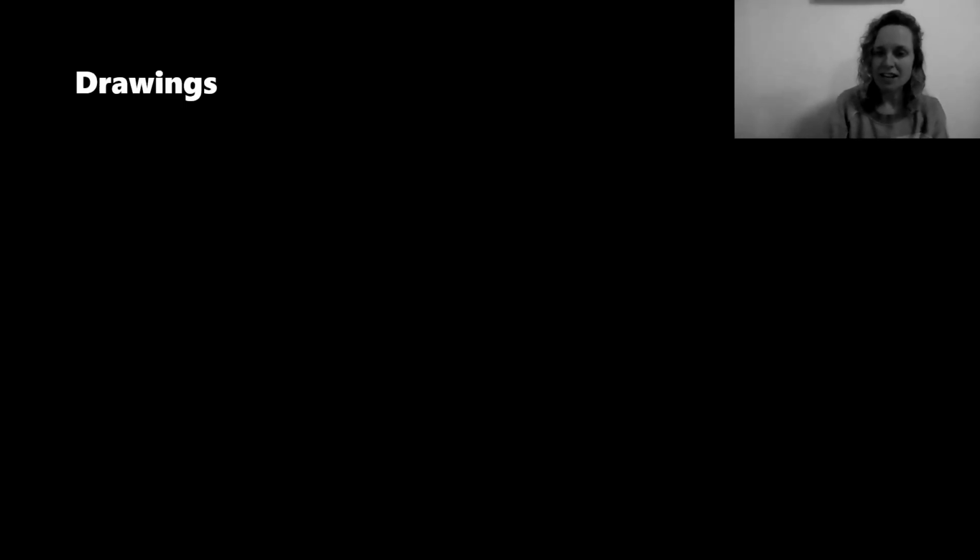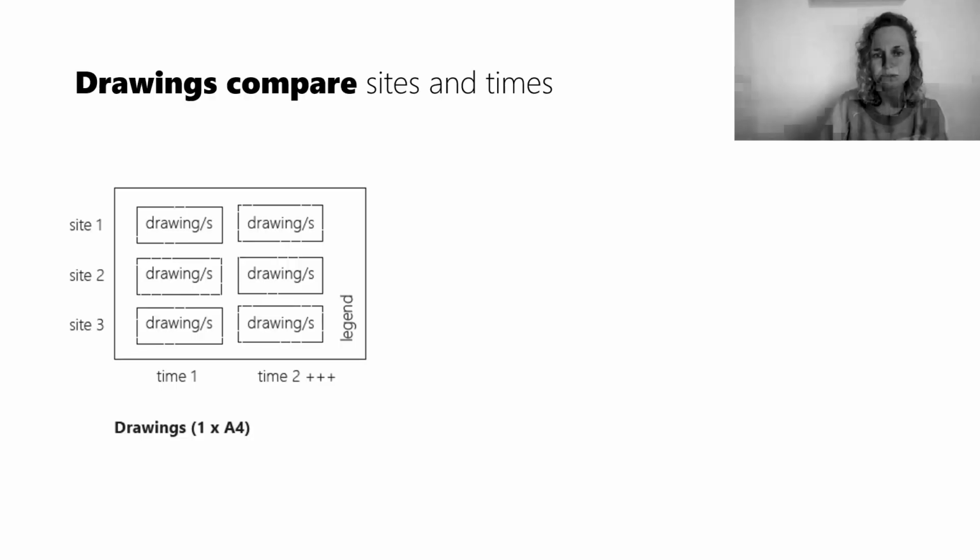If we start with the first one, the drawings page. The goal of the drawings page is to demonstrate a series of drawings that show your comparison of street life across a number of different sites at a number of different times.